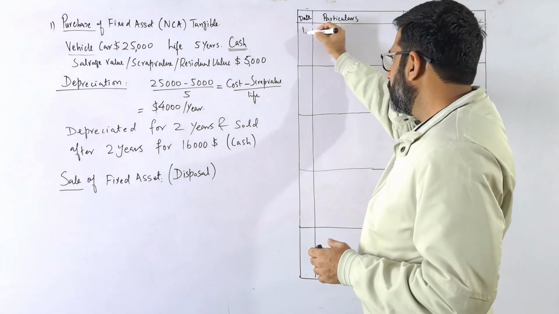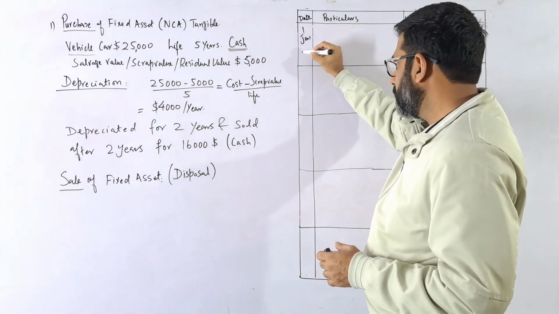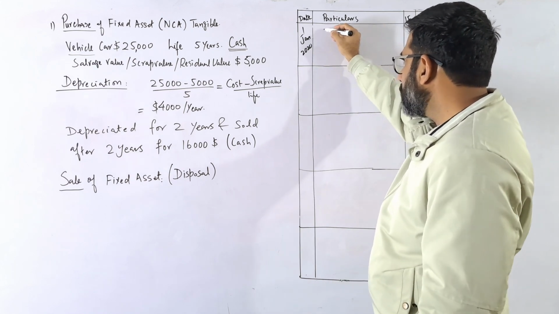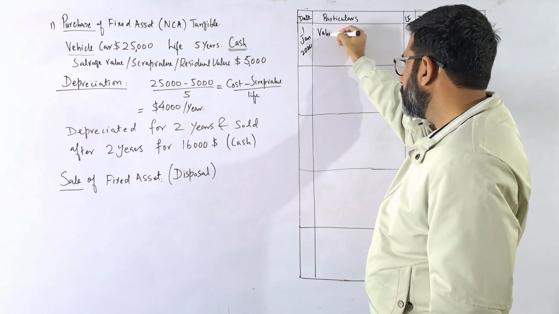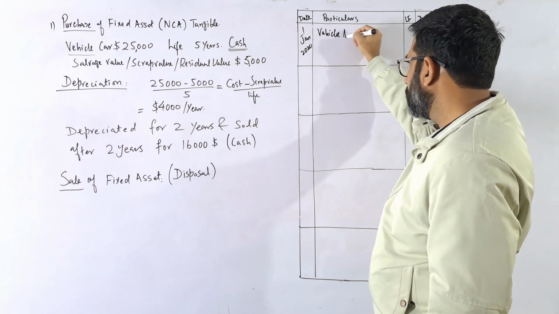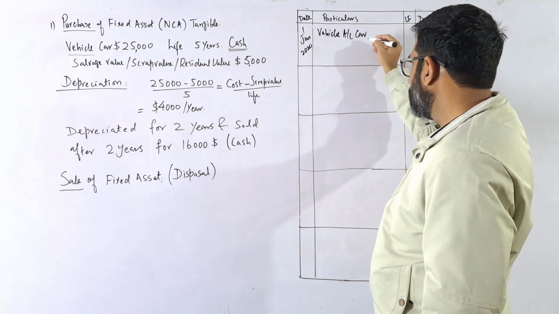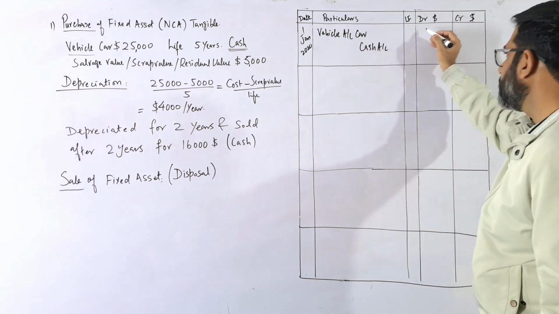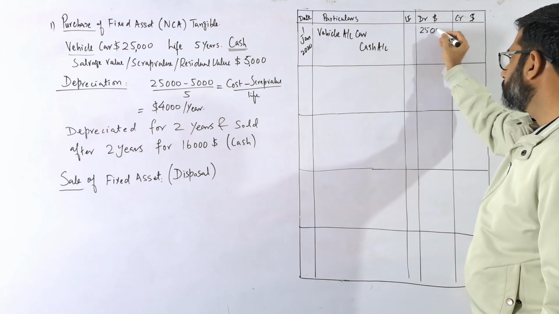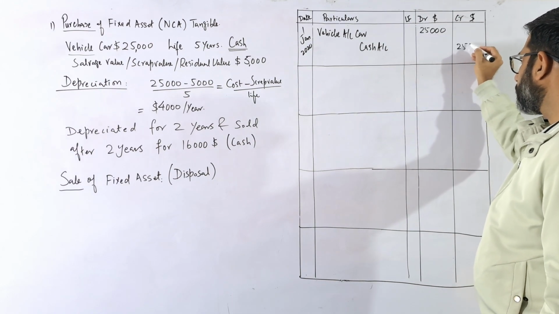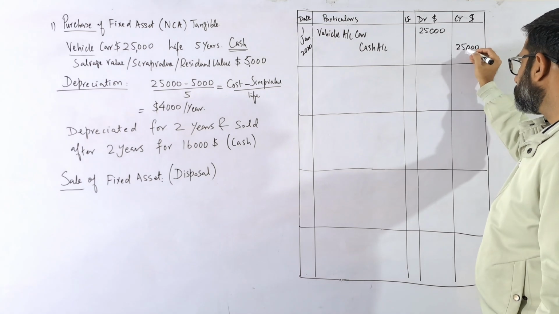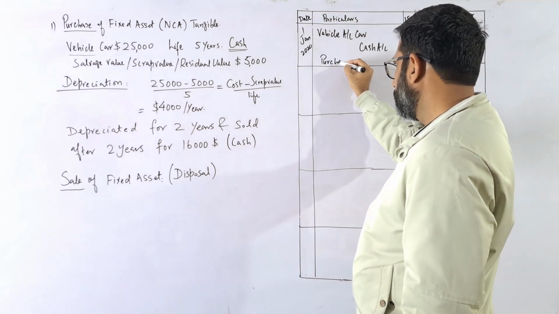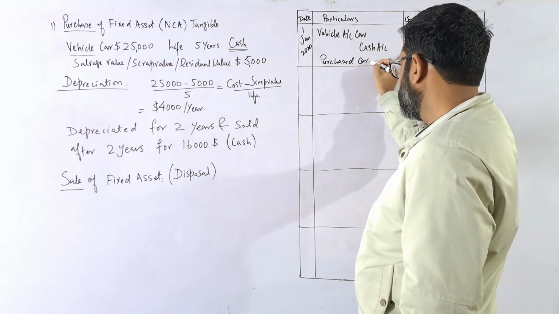Let's say we record it on the 1st of January 2020. The vehicle account is debited and the cash account is credited with $25,000, for the purchased car.